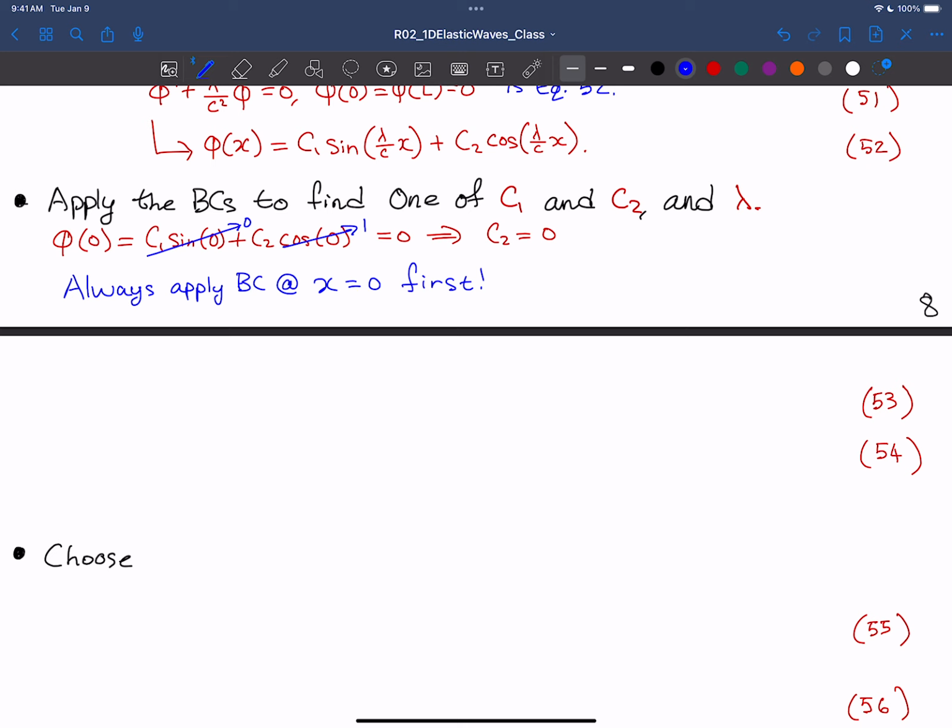You will end up recasting the solution 52 in the form of L minus x, so you would have cosine of lambda over c times the quantity L minus x, or x minus L. You end up recasting in that form such that you can eliminate something there. However, as a first step, you should always apply the boundary condition at x equals 0 first. This will usually allow you to eliminate something. If not, then you can try recasting that equation 52.